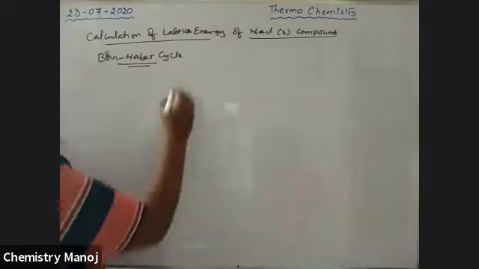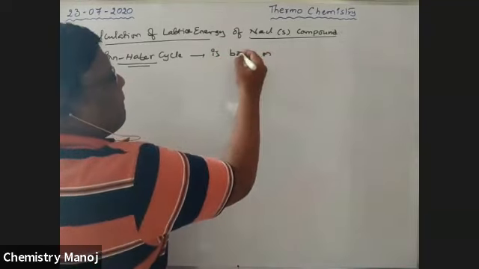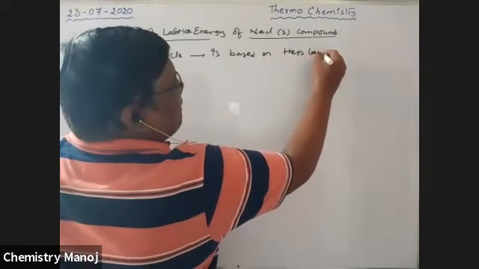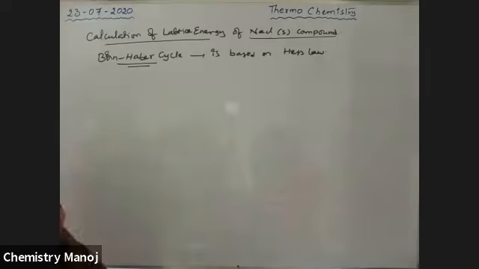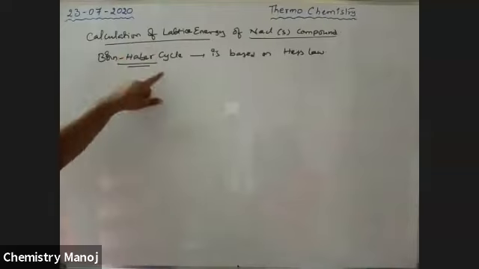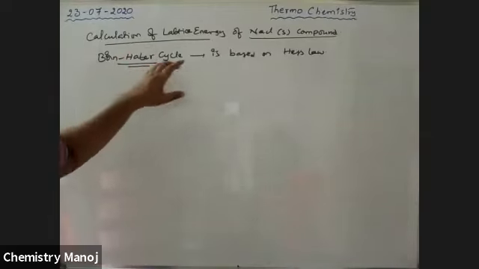This Born-Haber cycle is based on Hess law of constant heat summation. So to calculate lattice energy, we use the Born-Haber cycle, which is totally based on Hess law.